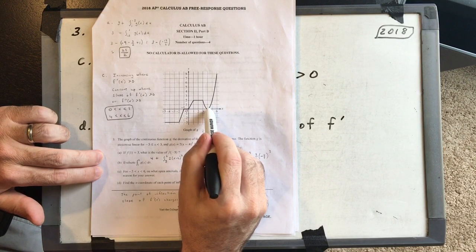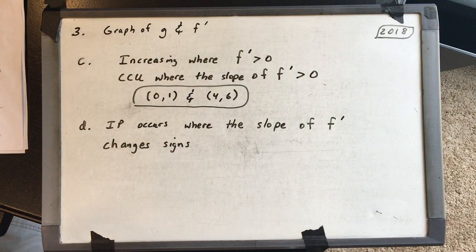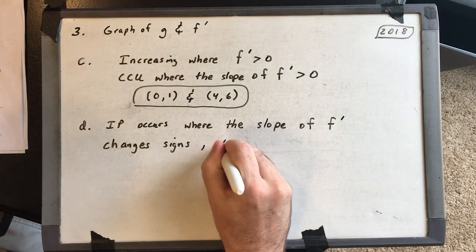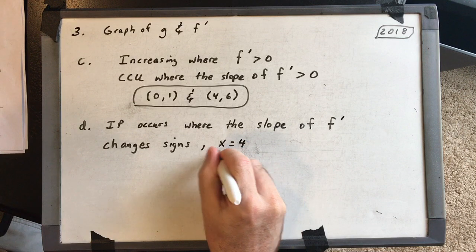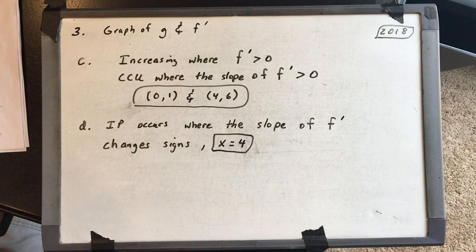It happens at x equals 4 where it goes from negative to positive. Okay, so that occurs at x equals 4. So don't let it fool you at 3. If the slope is 0, that's not a positive. That's just a 0 slope. Okay, so there you go for number 3.